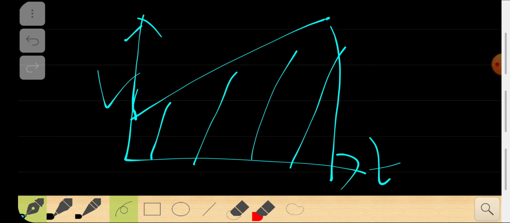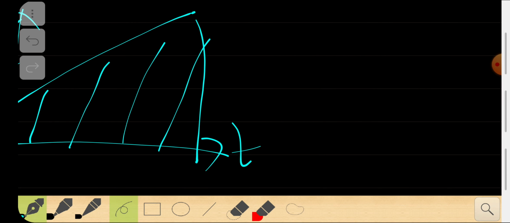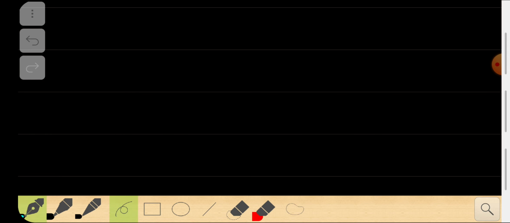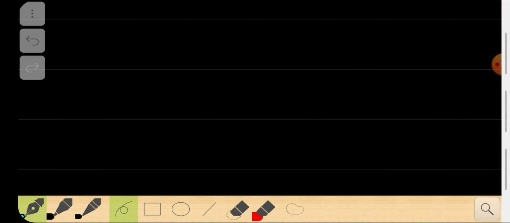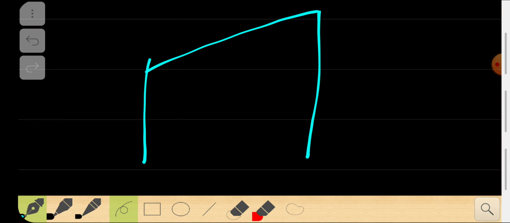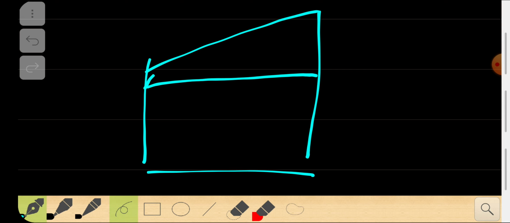That means if you look at it like this, this is our starting point, which is u, and so this distance you will start from here.